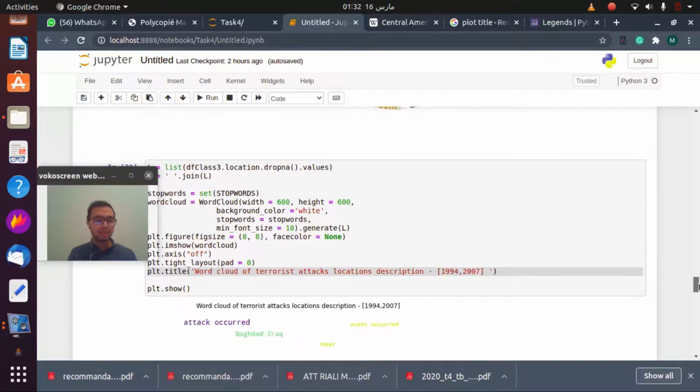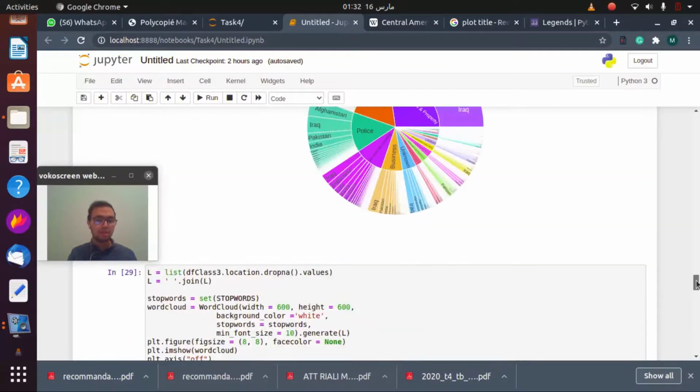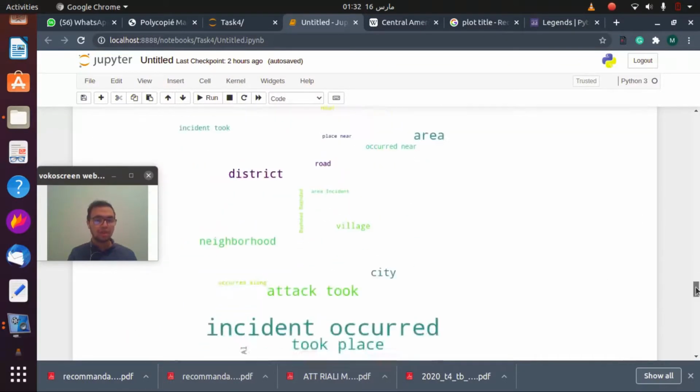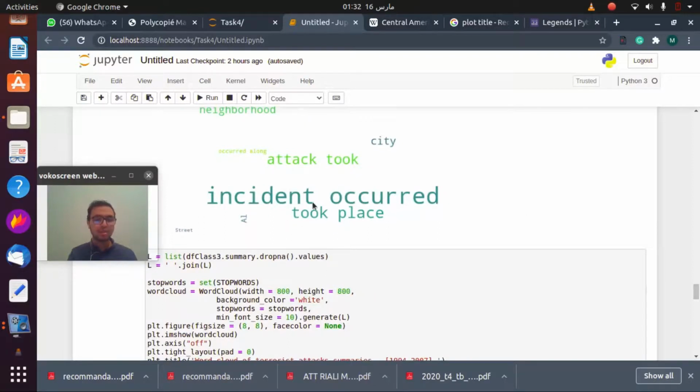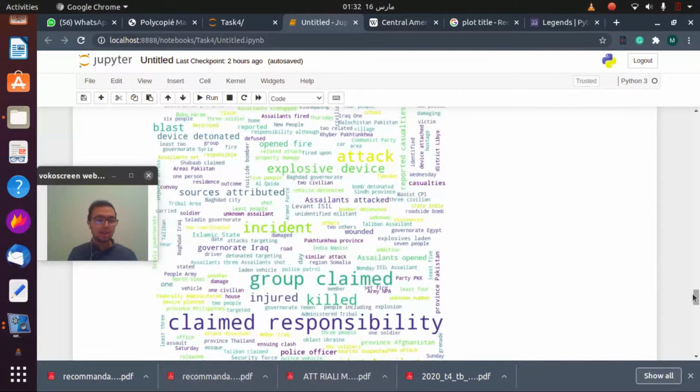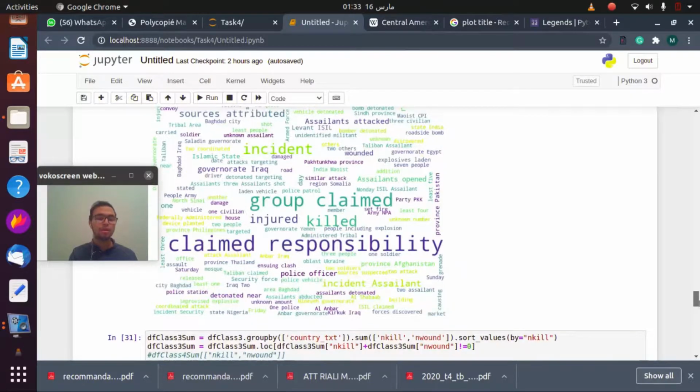And here we have the word cloud: private, district, incident took place, etc. And here we have claimant, group claimant, responsibility. So we started to hear and see this kind of words: claimant, group claimant, responsibility for some operation.